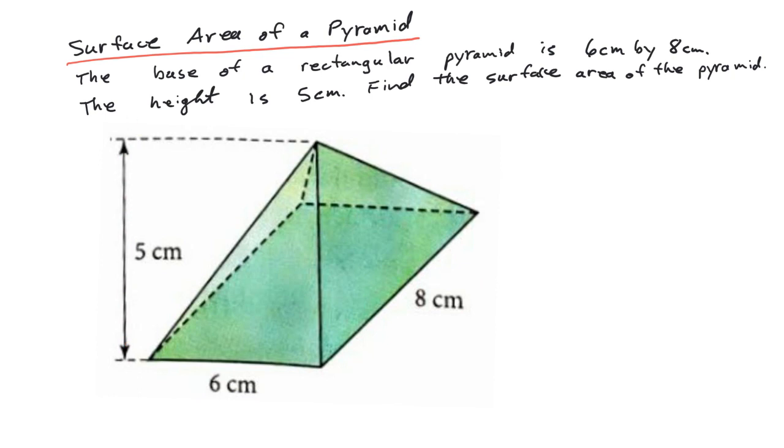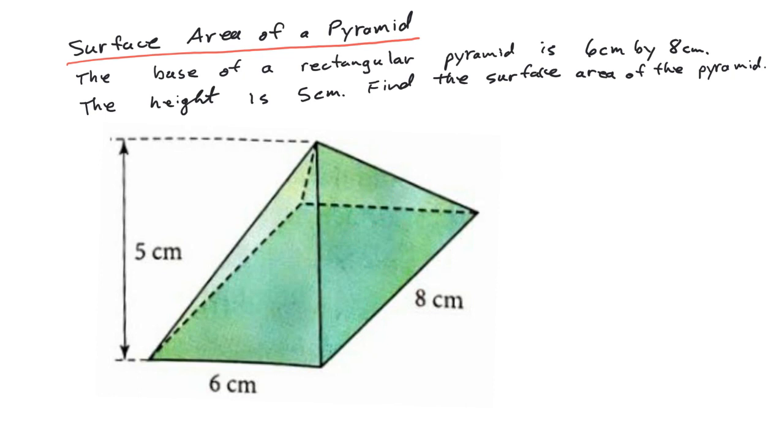Now, the only issue that we have here is when we're trying to find the surface area, we're literally trying to find the area of this face of our triangle, this face, this face, and this face. Now, this face here matches with this face, and this face matches with this face of our triangle.